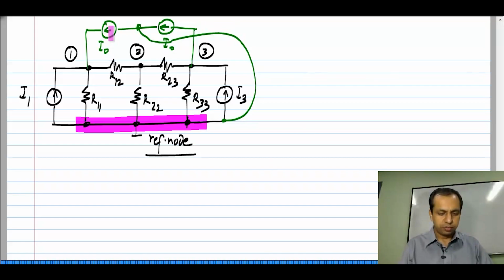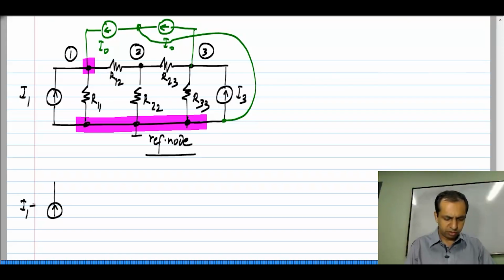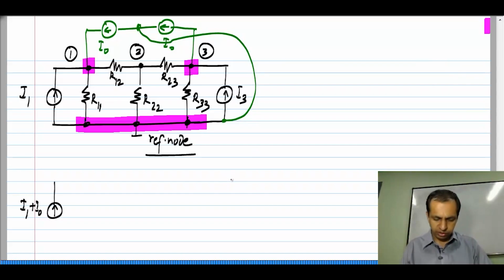Now, you see that this current source is between this node and the reference node, therefore, it is in parallel with this one. So, what we will have is I1 plus I0. This is between node 3 and the reference node and it is in opposite direction to I3. So, on this side we will have I3 minus I0.